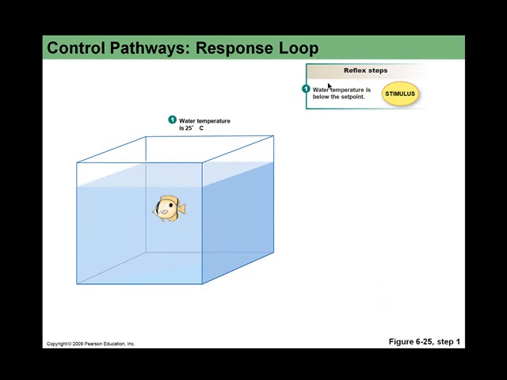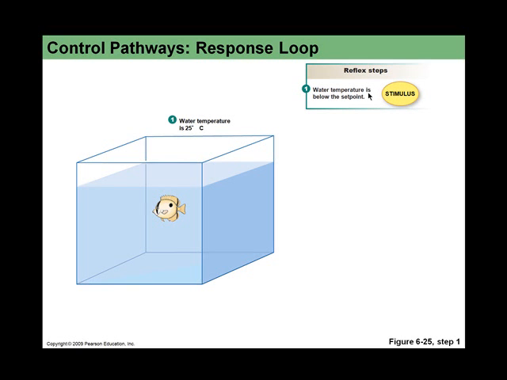So first, in the reflex steps, the water temperature is below the set point. For some reason, heat is leaving the system, and the desired temperature is not sustained without some intervention.